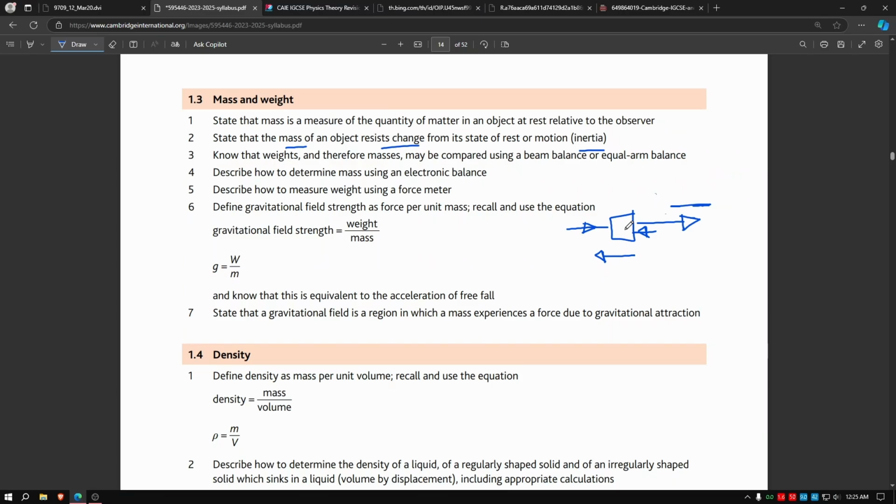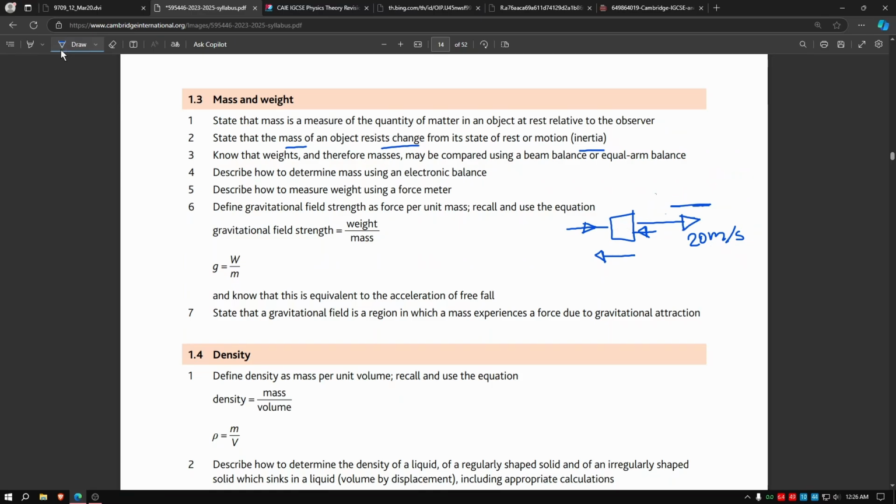Meaning the box is going towards the right with, let's just say, 20 meters per second. If you want to increase the speed, the box will resist you. You have to use energy, or let's just say convince the box to move faster. And this convincing is going to be the energy you are giving to the box. You cannot move the box faster without giving energy.